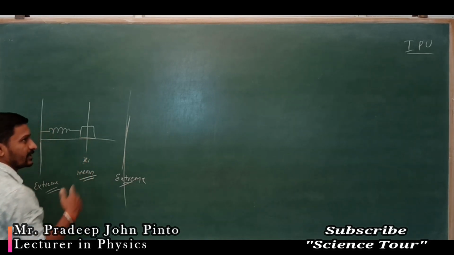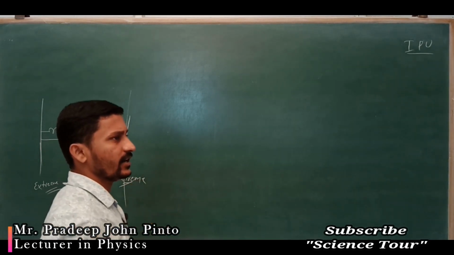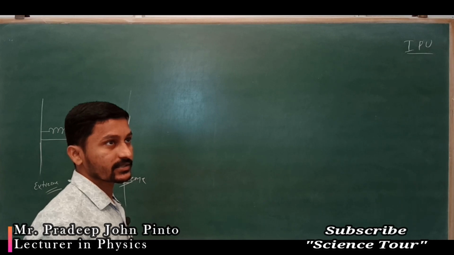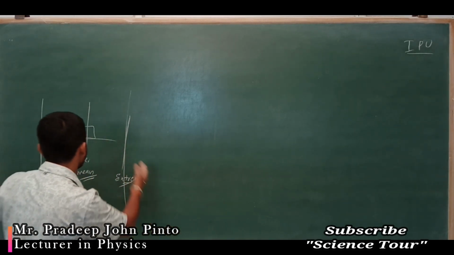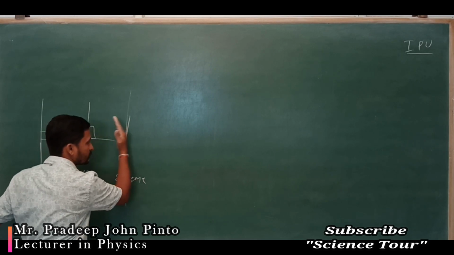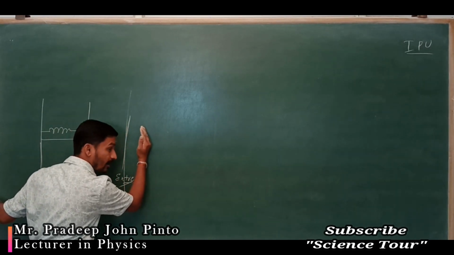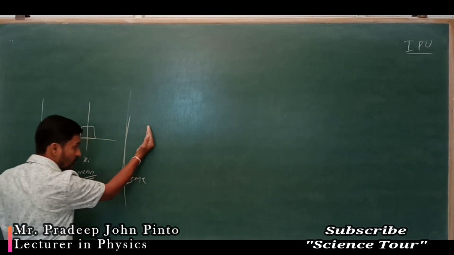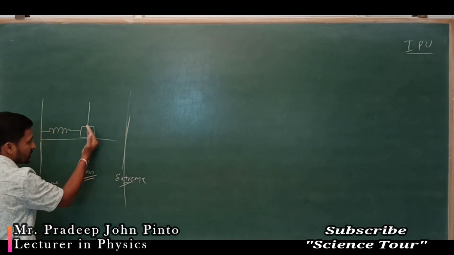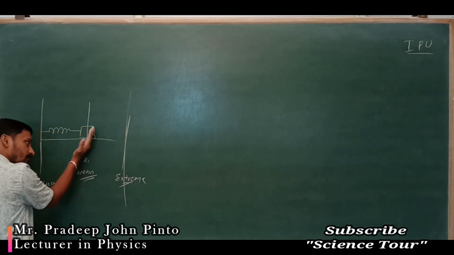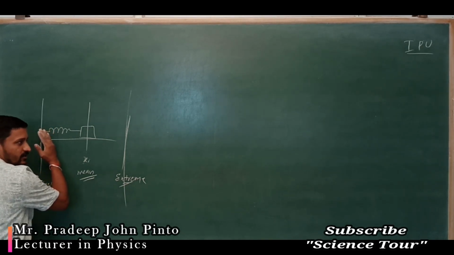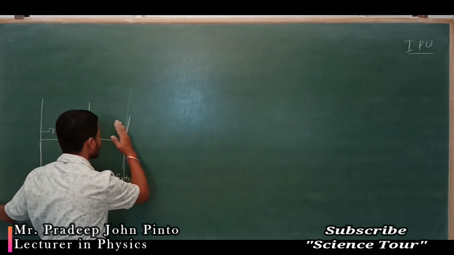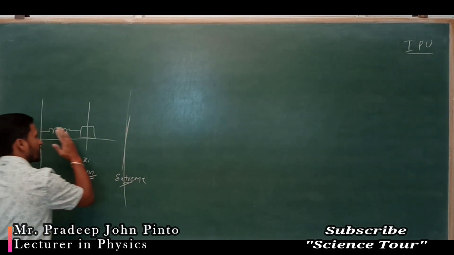Now I will give you a scenario: actually it will oscillate fast, but I will consider some slow motion so that we can understand it in an easy way. So what happens? The spring comes to this point, stops for a fraction of a second, goes back, and at the mean position it won't stop. Again it goes here, stops for a fraction of a second, comes back, and goes like this.